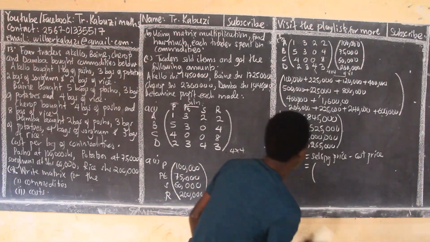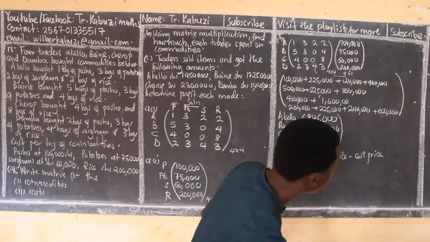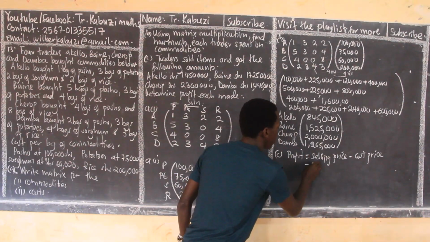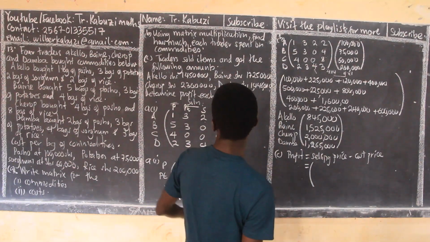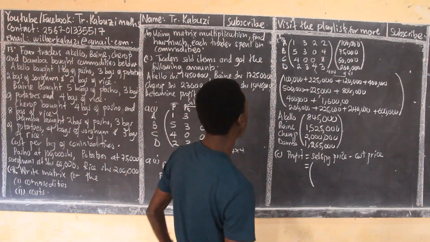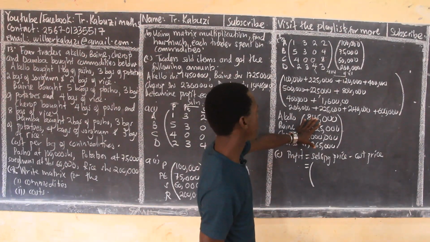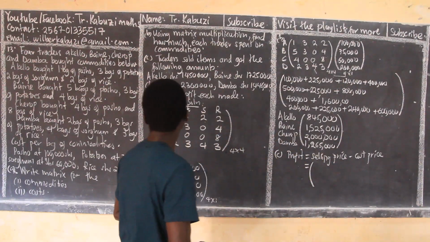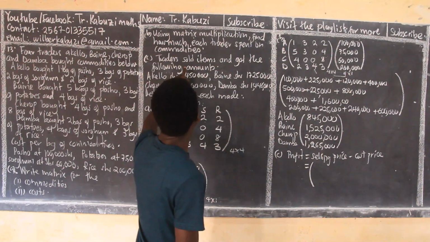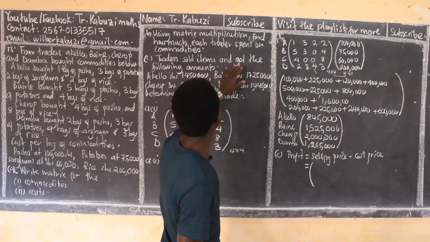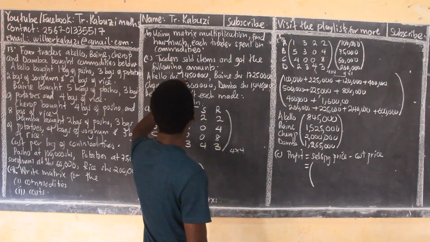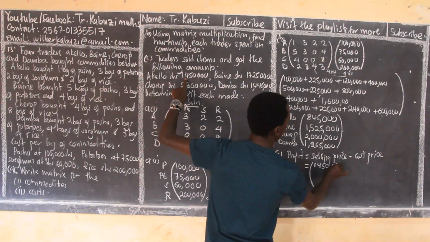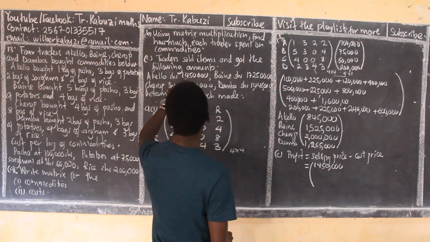So now I'll come to my selling price. These are the amounts they obtained after selling the items. They're telling us that traders sold the items and got the following. So Akero had 1,450, that's now the selling price.